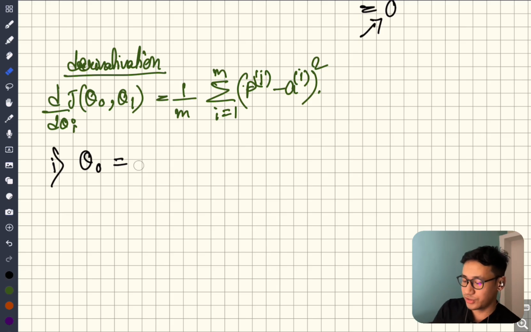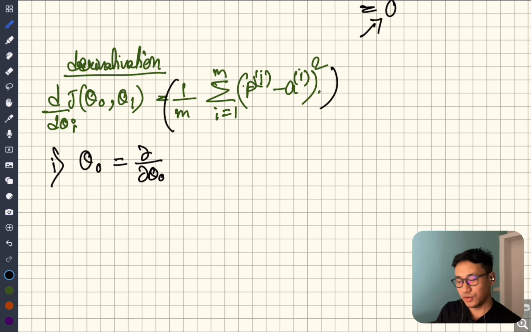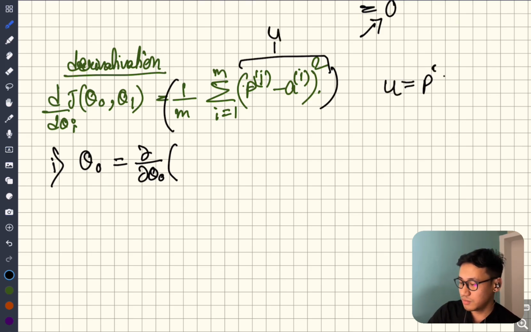So let's find the derivative of theta naught. d of d theta naught of this whole thing. Let's assume this as u, where u is prediction minus actual, whole square. Something whole square, if you differentiate, becomes 2 and then the derivative of that.